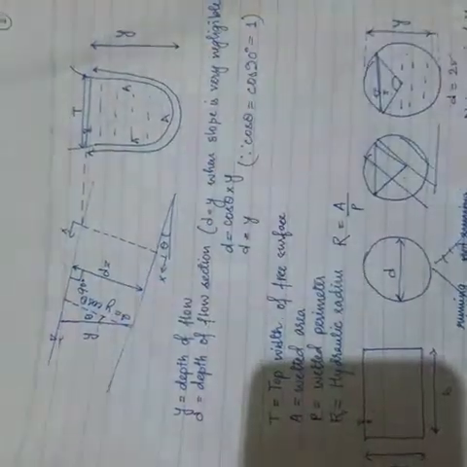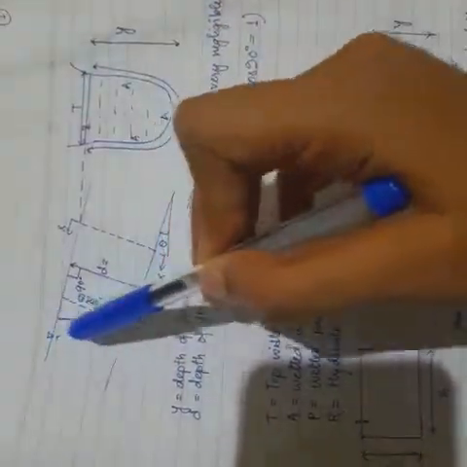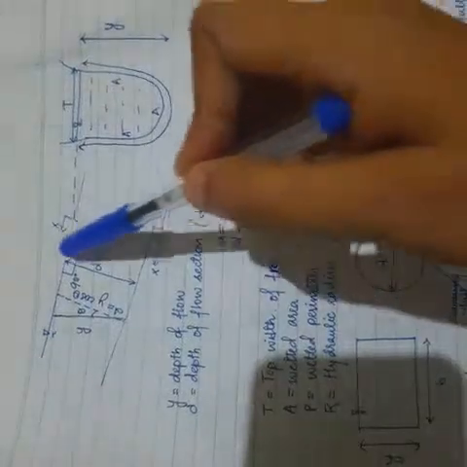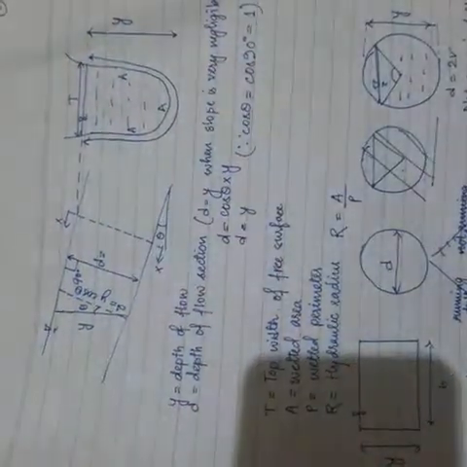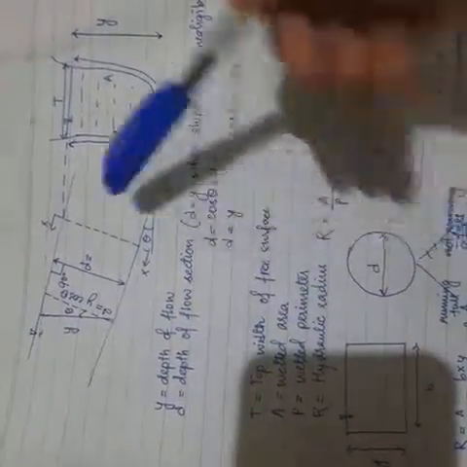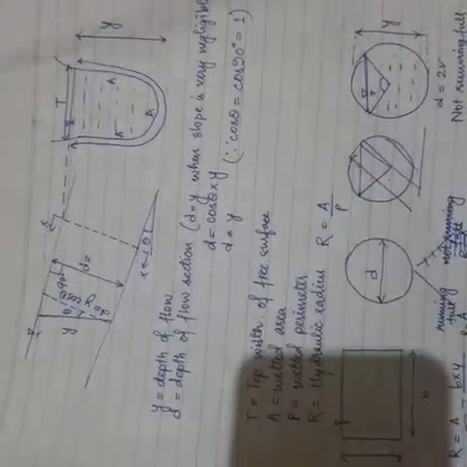But this is in vertical manner, the way we are seeing from this point to this point. But actually if you consider the channel, then this is the actual depth. So y is actually the depth of flow for us, and d is the depth of flow section for this channel. So these are both things.